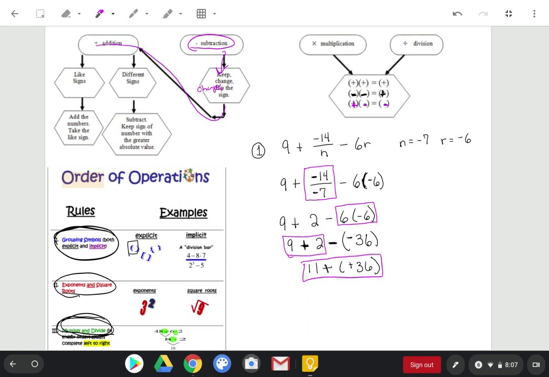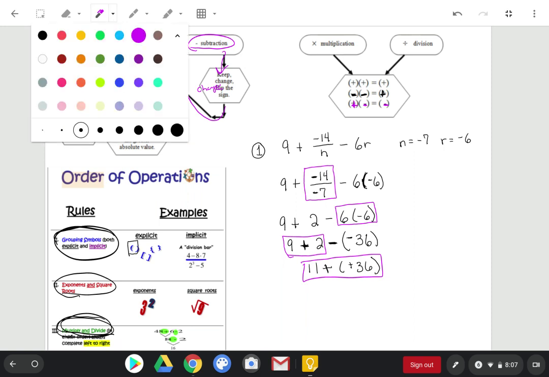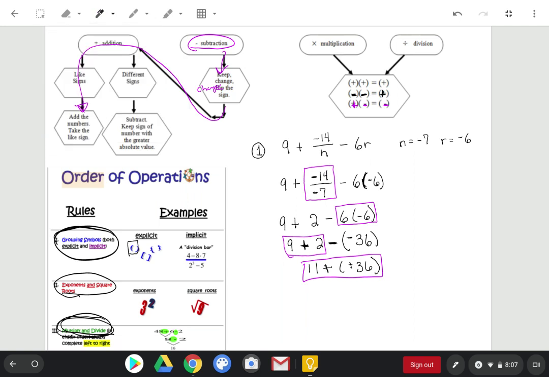I'm adding, I have a positive plus a positive. I'm going to add those numbers. 11 plus 36 is 47. And I keep the sign of both numbers, which is positive. So my answer is positive 47.